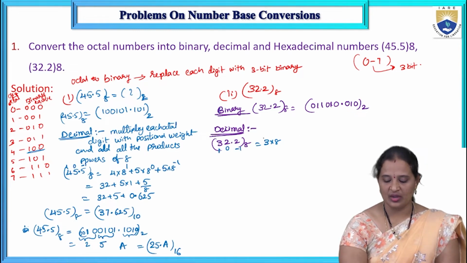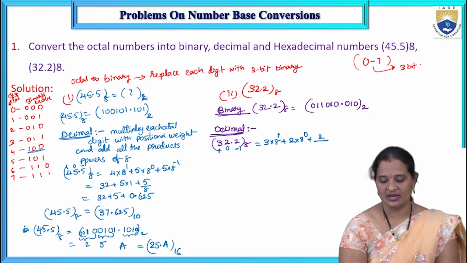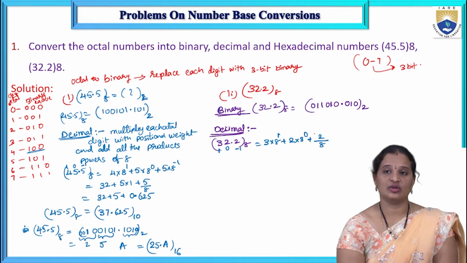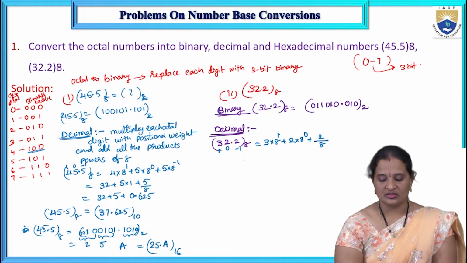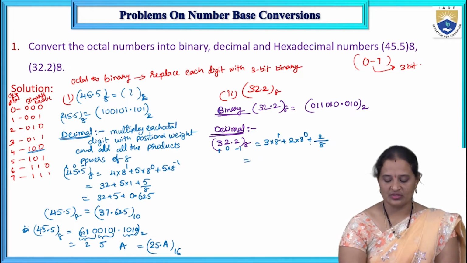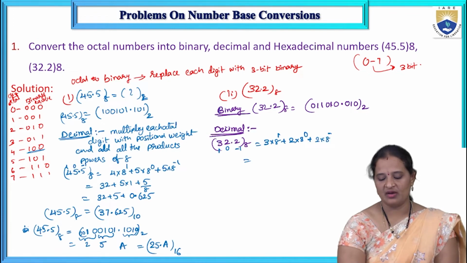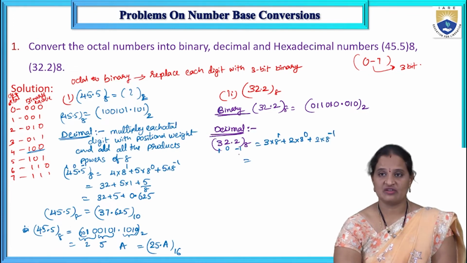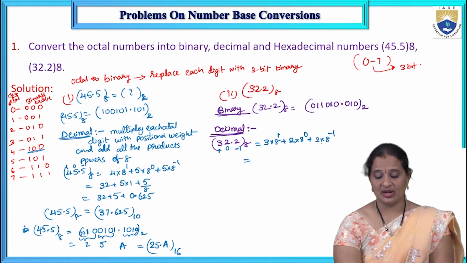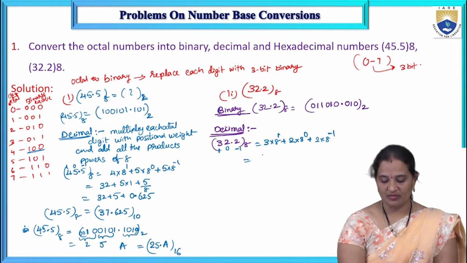So 3 into 8 power 1 plus 2 into 8 power 0 plus 2 into 8 power -1, because its positional weight is -1. So position is -1 and hence I am multiplying this one with 8 power -1.